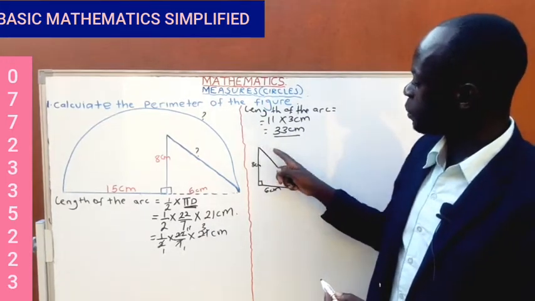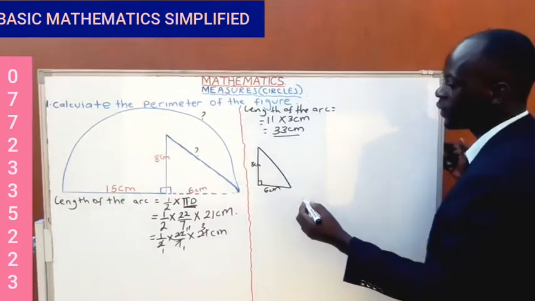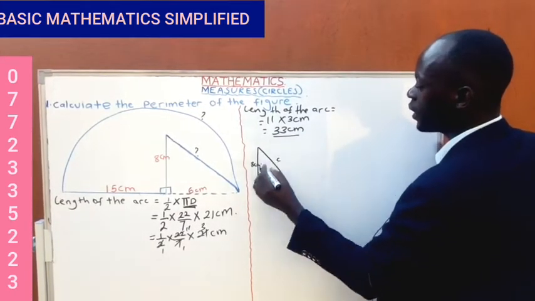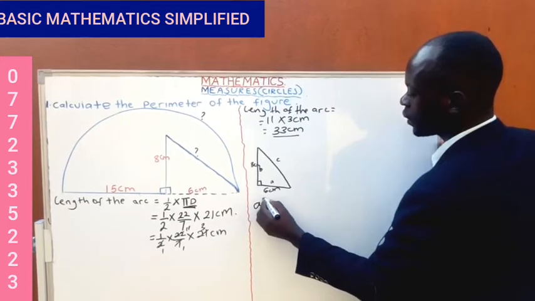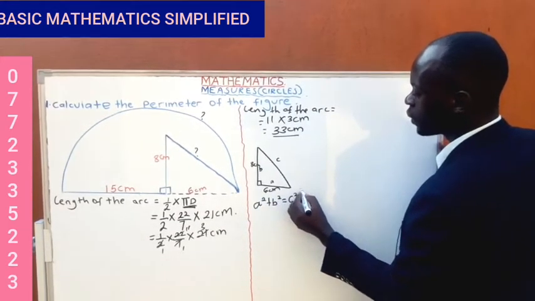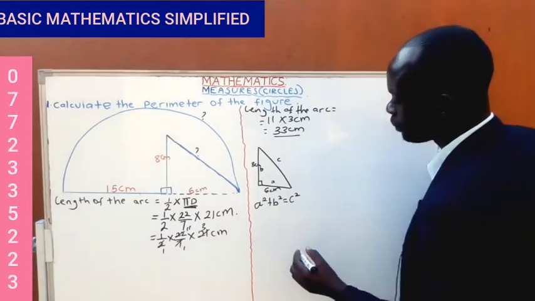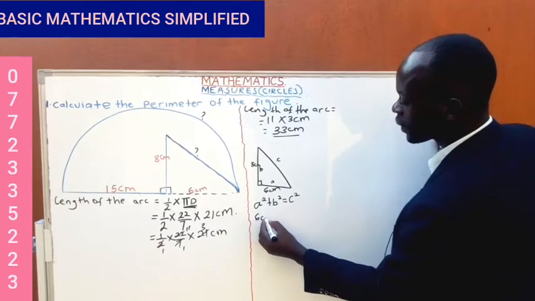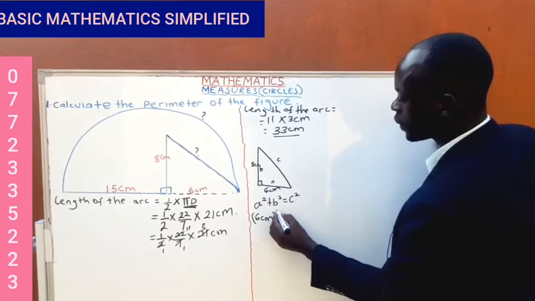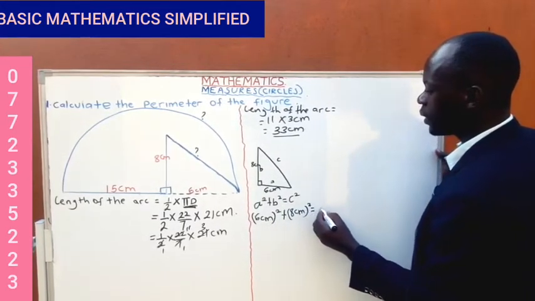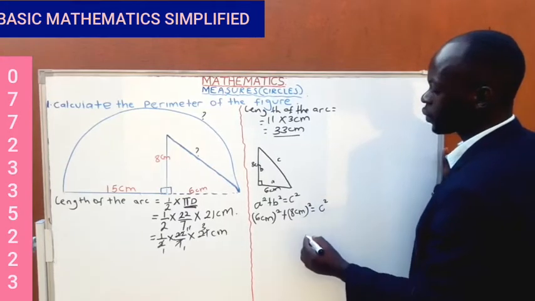For you to calculate the hypotenuse, if this is your A, this is your B, and this is your C, then A squared plus B squared equals C squared according to Pythagoras theorem. Now we have A squared, this is 6 centimeters squared, plus B, which is 8 centimeters squared, equals C squared.